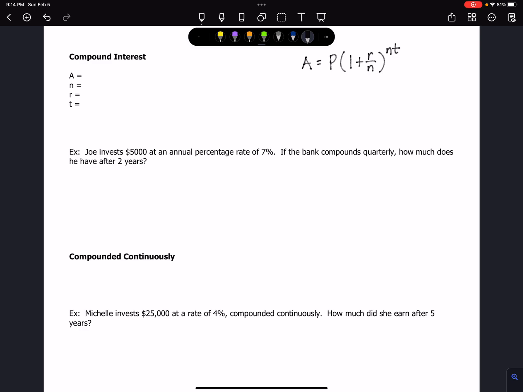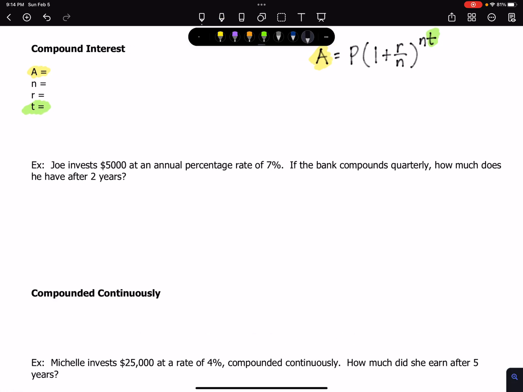So 2 of these letters are going to be variables, and the others will be what we call parameters. Our output is going to be the A, and our input is going to be the time. And there's a letter that I'm missing right here, and it's P.